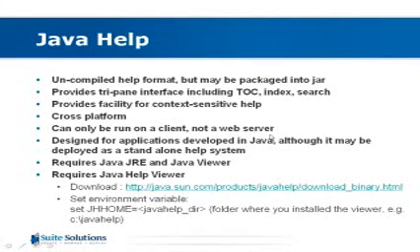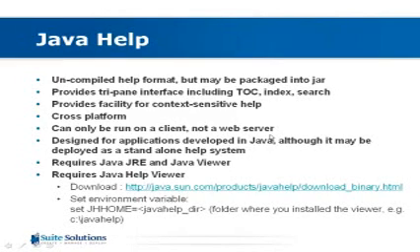The next HTML output that it has is called Java help. It also is an uncompiled help format, but it can be compiled into a jar. It has a tri-pane interface, a table of contents, an index, and a search like the other ones do. It can also have context sensitivity. It's also cross-platform, meant to work on many operating systems.